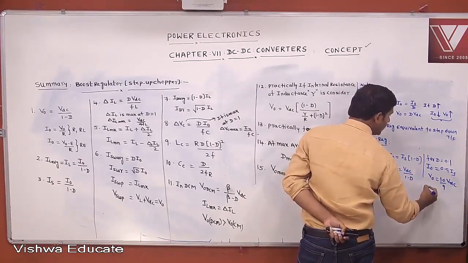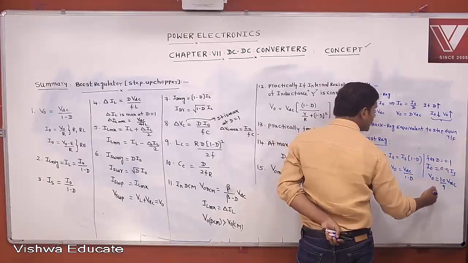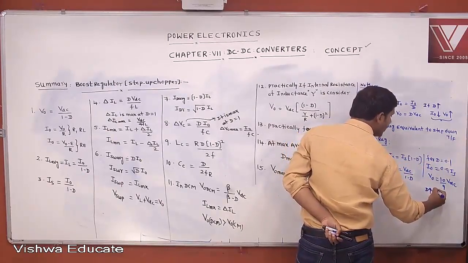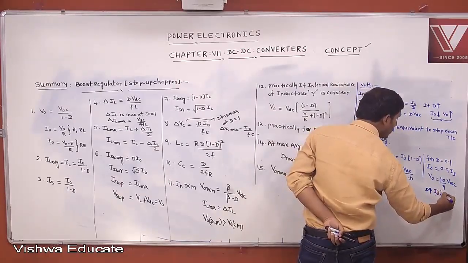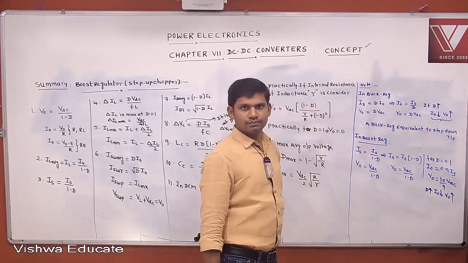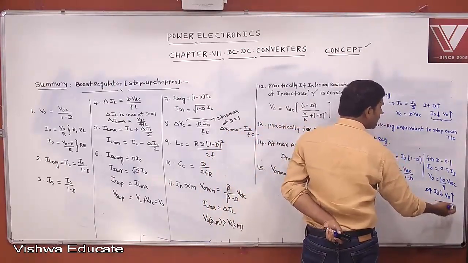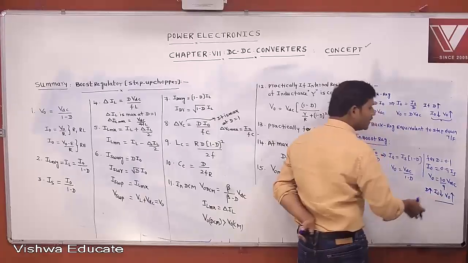That means if the duty cycle increases, I naught reduces and V naught increases. That's why it is also similar to transformer action. If voltage increases, current reduces.